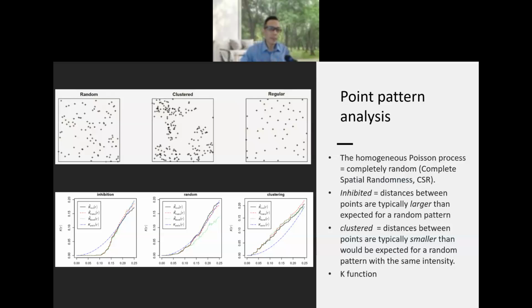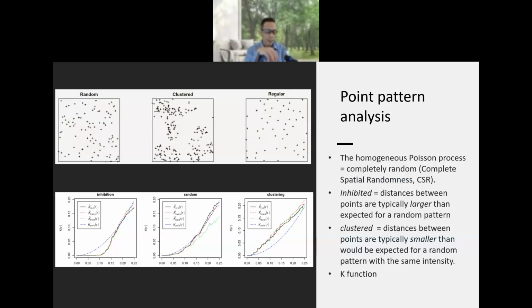If the pattern is inhibited, what inhibited means is that the distances between points are typically larger than expected for a random pattern.